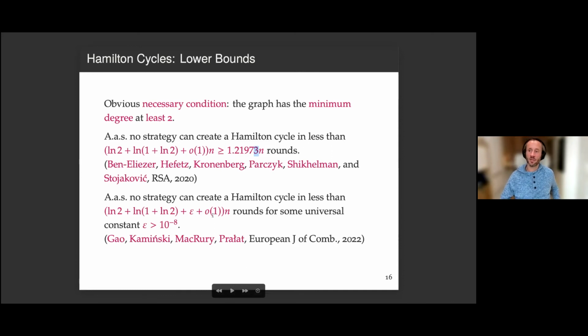But just to show that the current lower bound is certainly not the right one, which I guess most of the people believe anyway. We proved that there is a separation from the current lower bound by epsilon, but unfortunately, this epsilon is really ridiculously small.